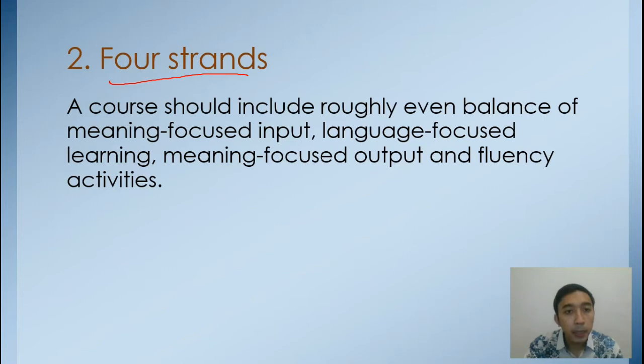The first one is meaning focused input. Jadi keempat-empatnya itu harus balance atau harus seimbang. Meaning focus input itu seperti apa sih? Jadi intinya receptive skill dalam bahasa Inggris itu ada listening dan reading. Jadi listening dan reading itu juga harus seimbang ketika kita mengajari dalam kelas in English.